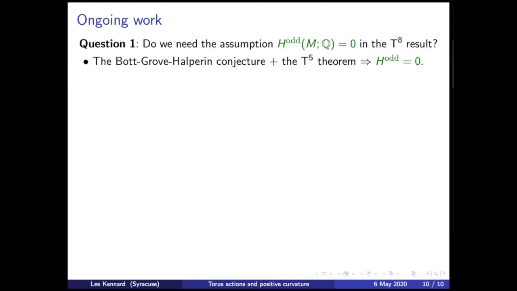For positive Euler characteristic, all I'm going to draw from that is that the odd Betti numbers should vanish. So assuming this conjecture, combined with the T5 theorem, this green assumption is automatic. So it's at least believed that that's a natural assumption.